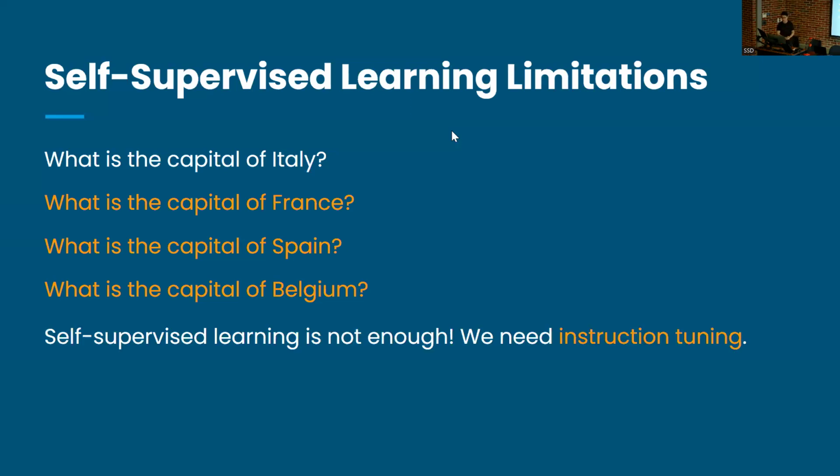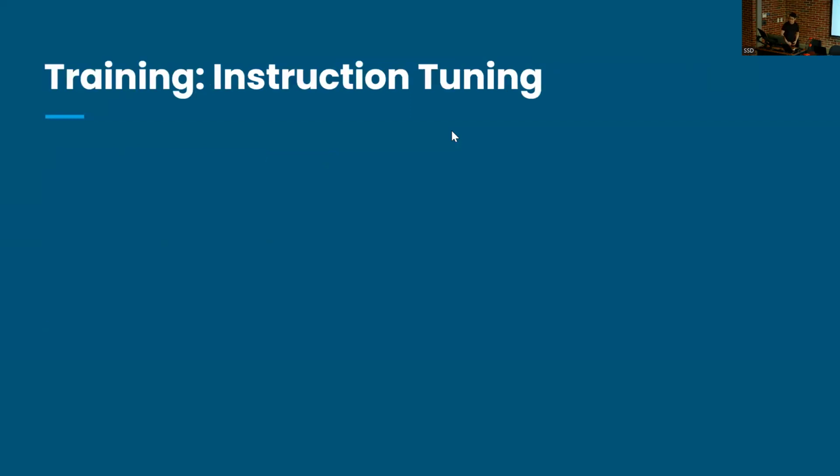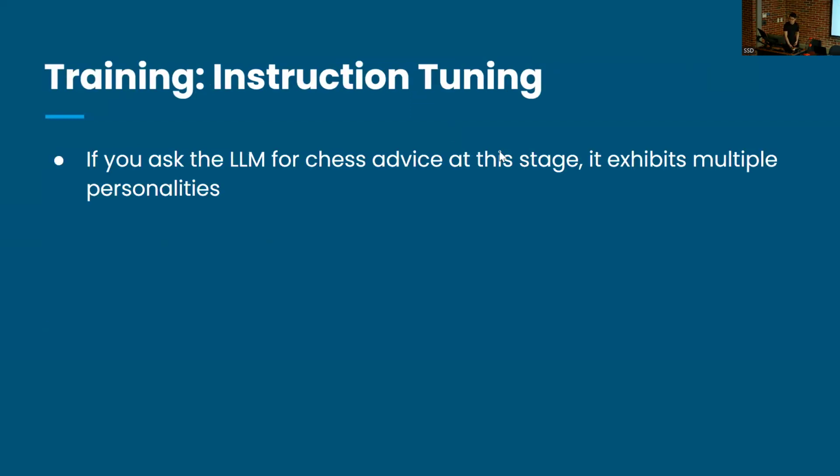To get an answer, we need what's called instruction training. That is, we need to tune the model to follow our instructions. There's a ton of training data with a lot of different representations. For example, if you ask the large language model for test advice, it has multiple personalities. It's seen a ton of training data on tests from a ton of different people, and has many different perspectives on tests.